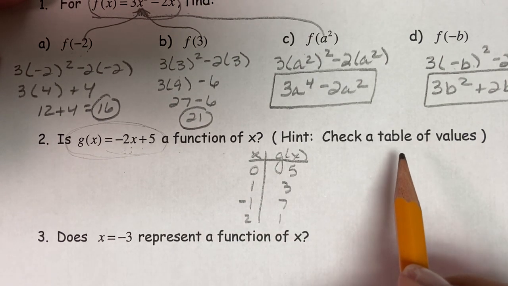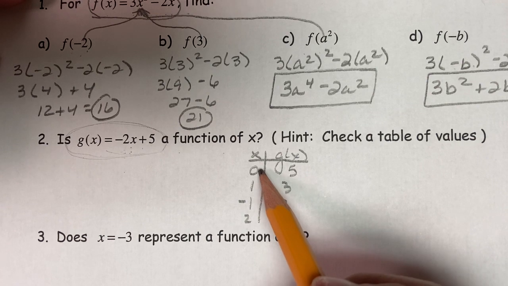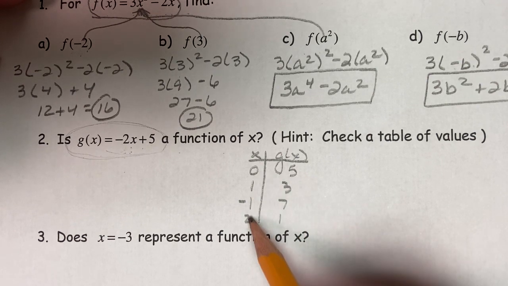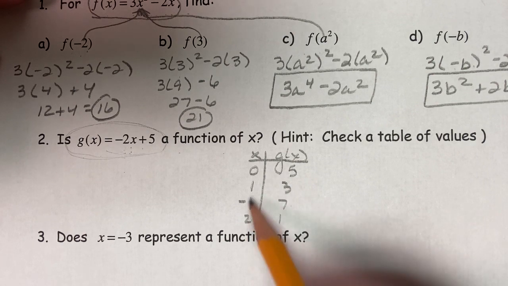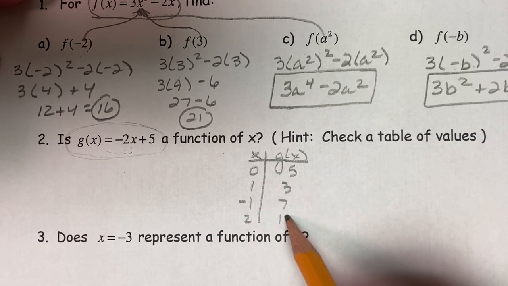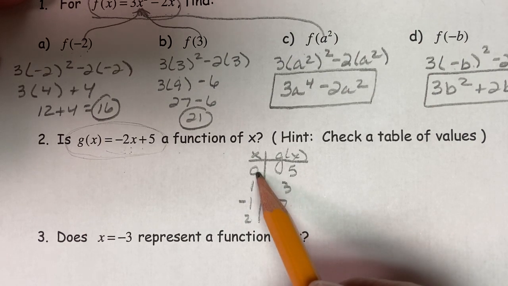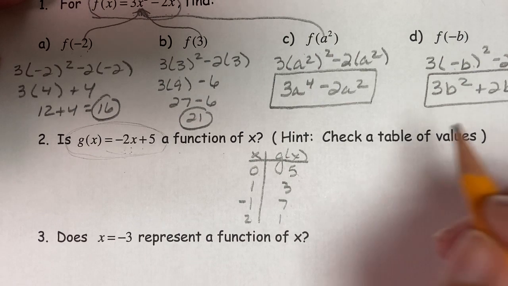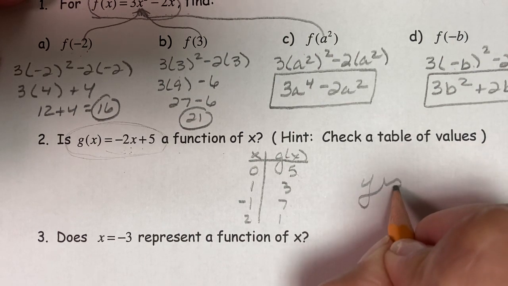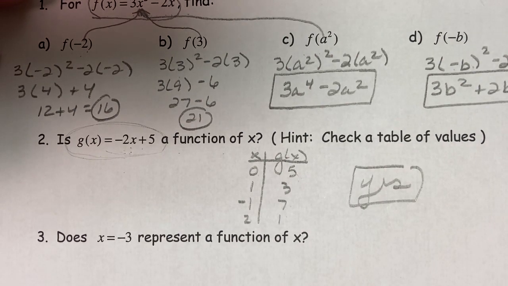So the key is, is there any x that I could plug in that would give me the same y? In other words, can the x repeat and give me the same y? I hope you see that no, every x that I plug in is going to give me exactly one y. So since every x gives me exactly one y, that means that yes, we are talking about a function.